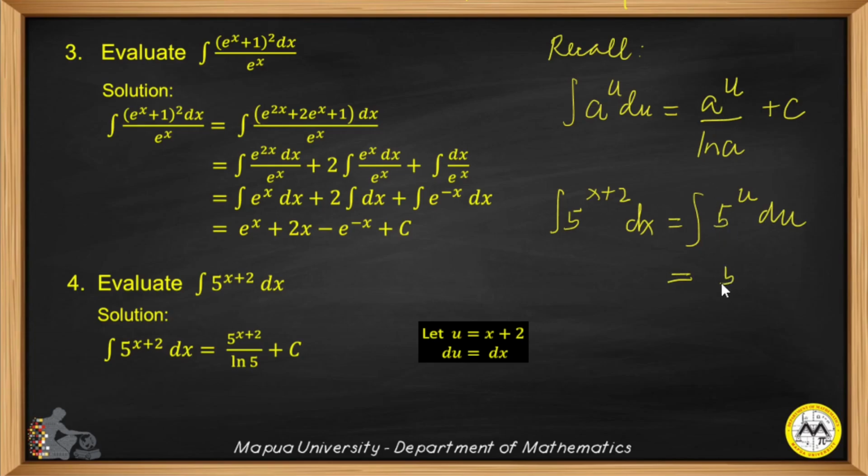So this should be 5^u over the natural log of 5, plus the constant c. But because u in terms of x is x plus 2, this can now be written as 5^(x+2) over the natural log of 5, plus the constant c.